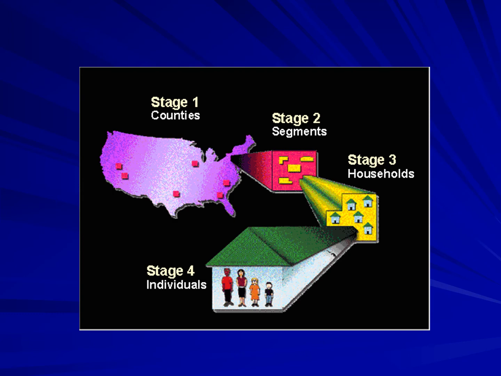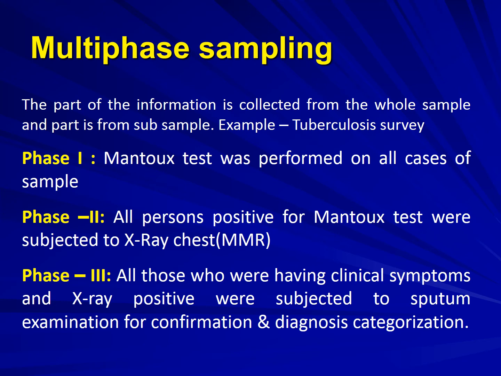Third advantage is every unit in each stage has an equal chance of getting selected, and fourth advantage is it saves time and cost. And the single disadvantage of multi-stage sampling is the sampling error is higher than simple random sampling. Now let's take a look at the next type of probability sampling, that is multi-phase sampling.